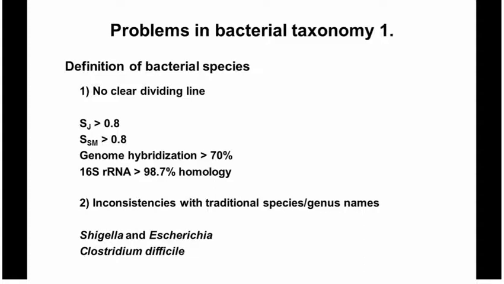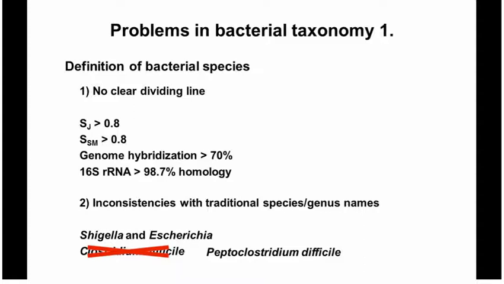Clostridium difficile, or difficile, is a pathogenic bacterium involved in a lot of hospital infections, difficult to treat. In fact, phylogenetically, it's not a Clostridium. So that's a big problem because every clinical lab in the world calls this thing C. difficile. So phylogenetically, it's supposed to be called Peptoclostridium difficile.